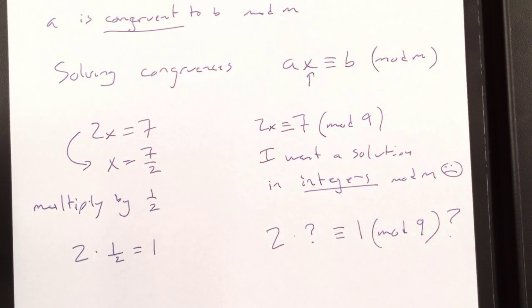Sometimes, if I'm lucky. Because I don't have to think about all the integers. I really only have to think about the integers mod 9, because I really only need to worry about the numbers between 0 and 8.